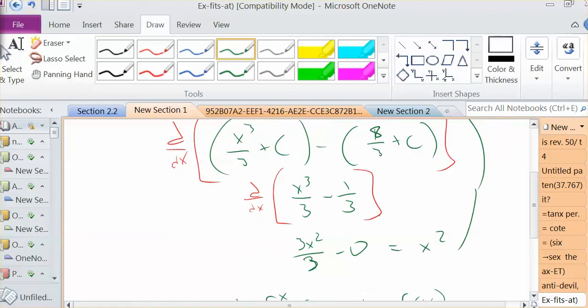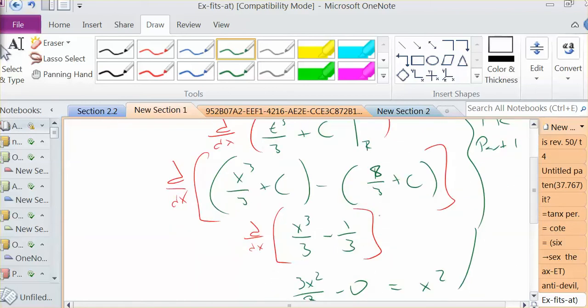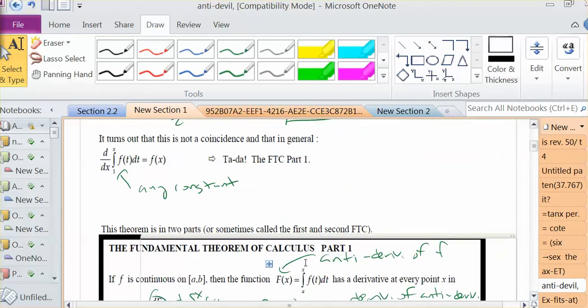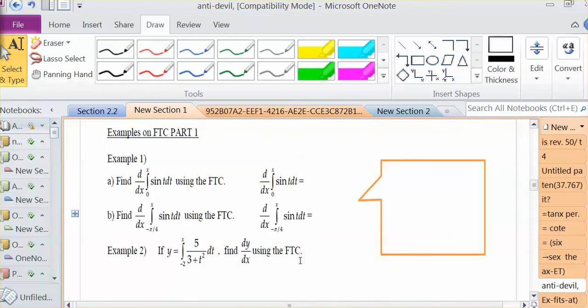Now I have 2 cubed over 3, or 8/3. But then when I take the derivative, I still get the same result. So it doesn't matter what the lower limit is. It could be anything. So that is a nice segue to example 1, because here we see a 0 and negative pi over 4. Everything else is the same. You're asked to take the derivative of this definite integral. So these are different, but it won't matter what constant lower limit is.